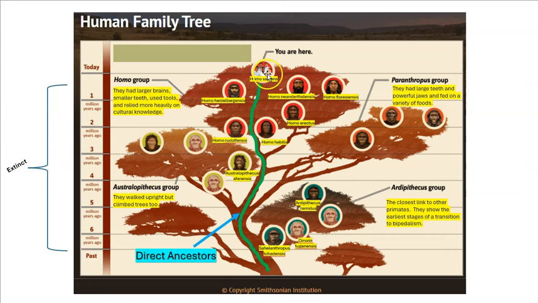But there is some direct line of ancestry back through time to that common ancestor with the chimps. These other species would be species that went extinct and did not leave descendants into the present. So only the species at the top line here, only us humans exist as one human species. Our human relatives went extinct.